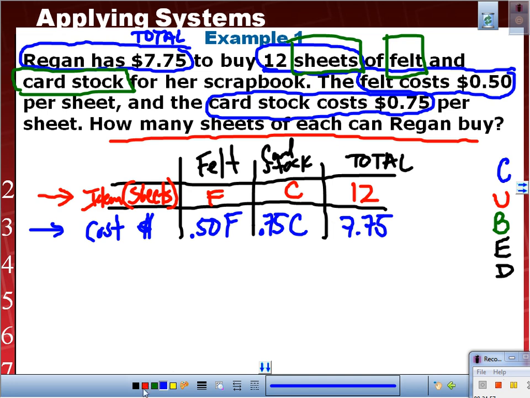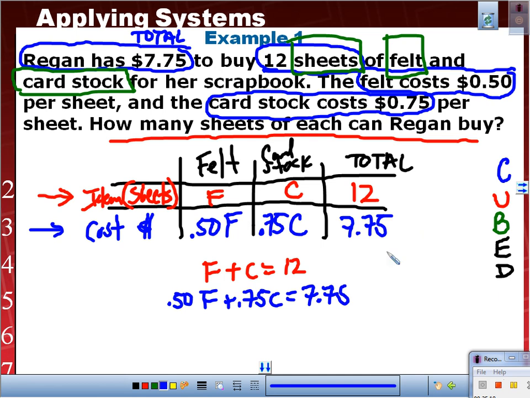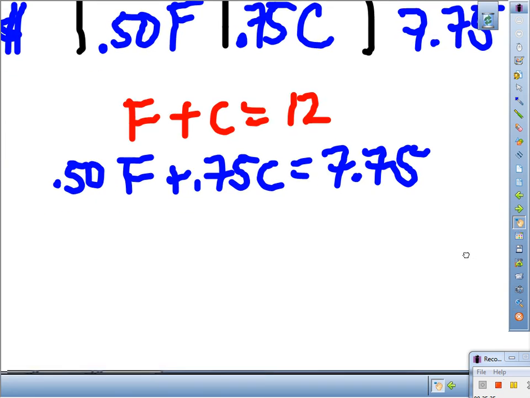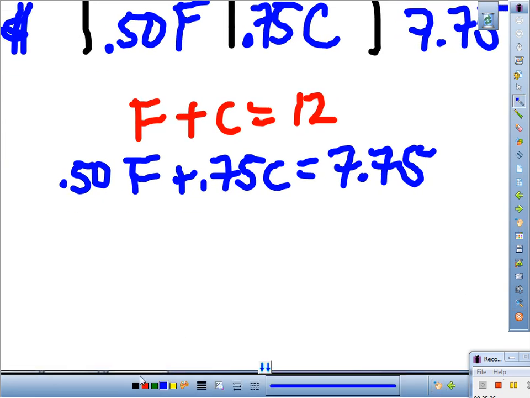Isaac, give me the system. Go. F plus C equals 12 and 0.50 F plus 0.75 C equals 7.75. All right. So far, so good. Which variable would you like to eliminate, Isaac?